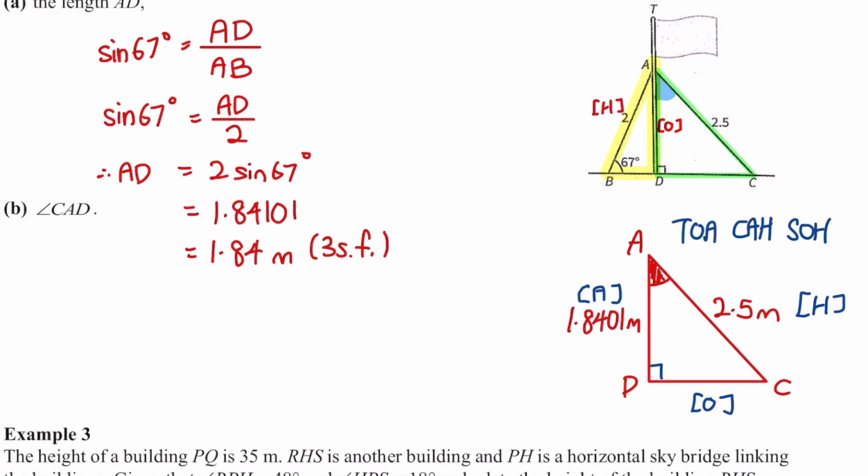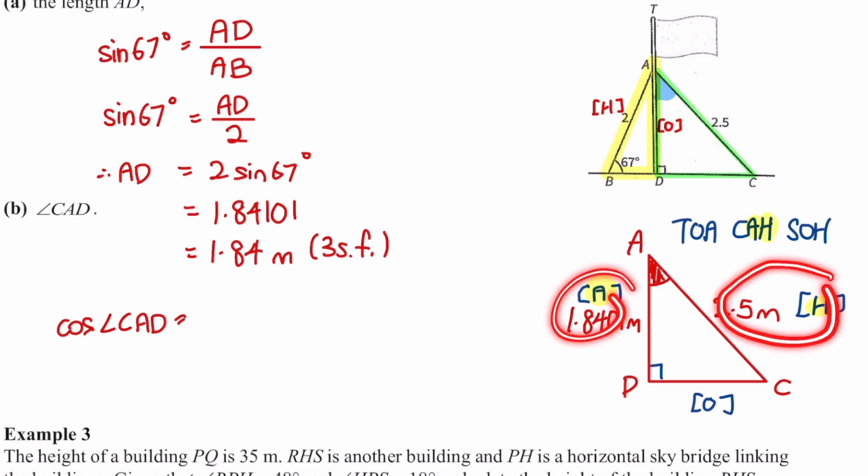Based on what I know, the two lengths that I know in this triangle are the hypotenuse and the adjacent side. So A and H, which means I can use the cosine. Let me write down part B. Cosine, we write short form as cos. Cosine of angle CAD is equal to the adjacent over the hypotenuse.